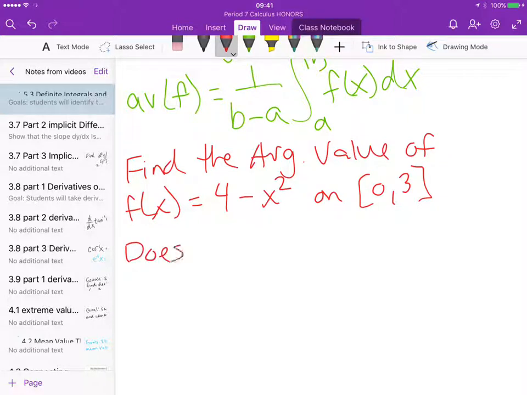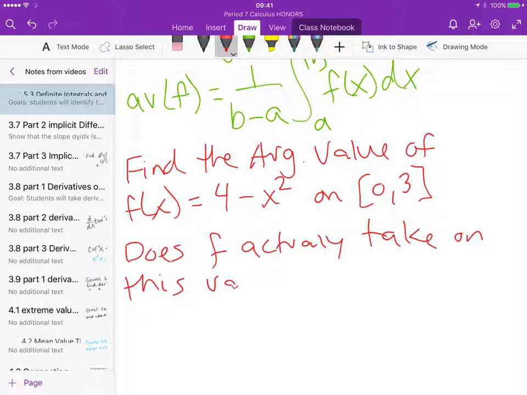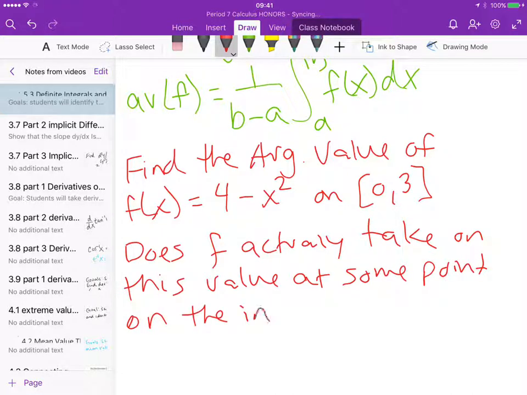It says, does f actually take on this value at some point on the interval? So we're trying to find the average value from 0 to 3, but it's asking, okay, the average value is one thing, but does the average value actually happen? Is it actually going to be a value for x from 0 to 3?